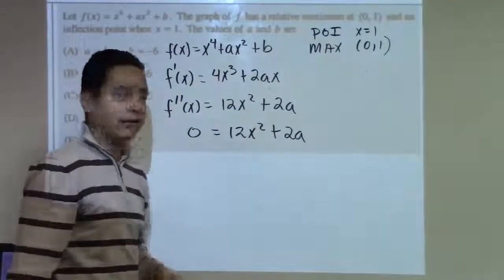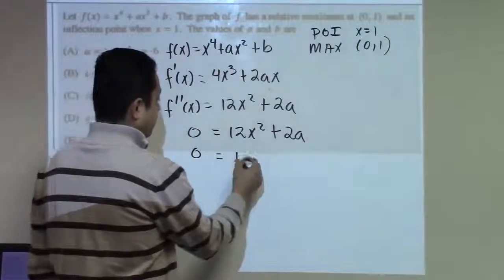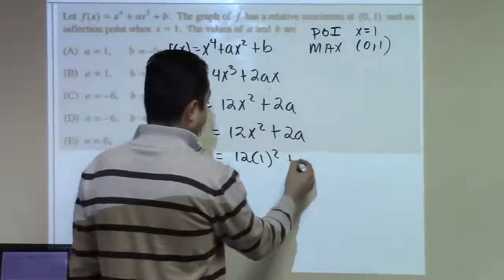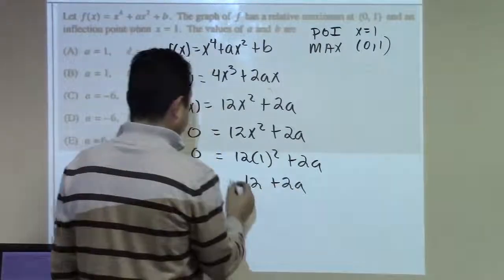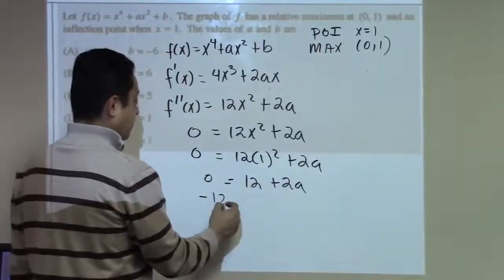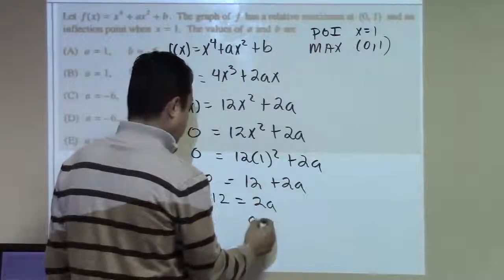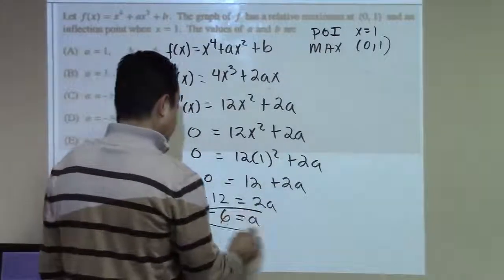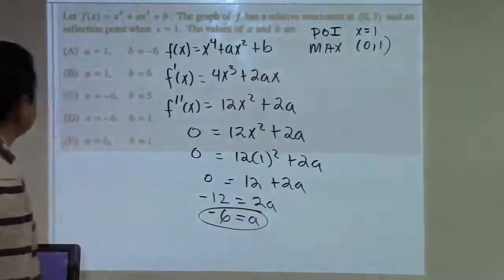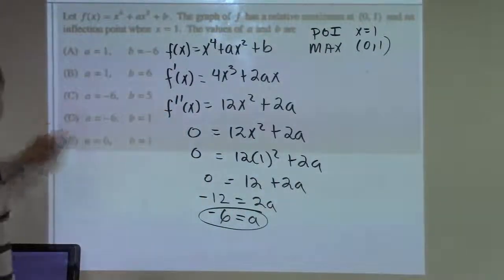That will give me my a. A is negative 6. We have a few choices here.